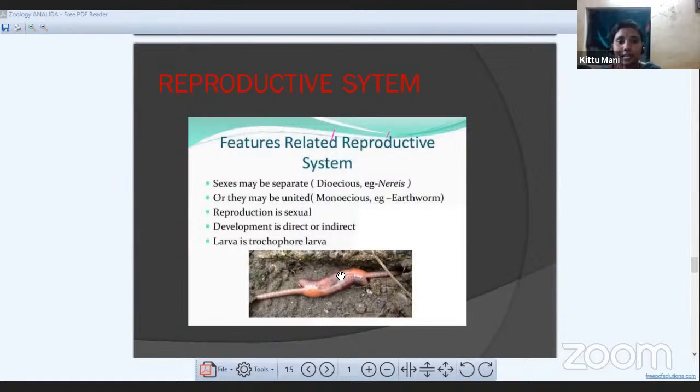So what will happen? The sperms mature before the ovum matures. For this reason we observe sexual reproduction in all annelids, even when they are in the monoecious stage. Okay, this is all about the reproductive system.